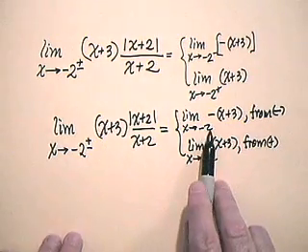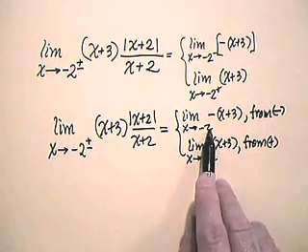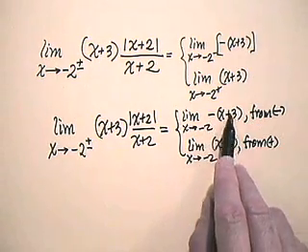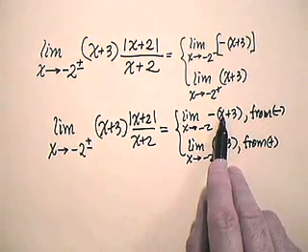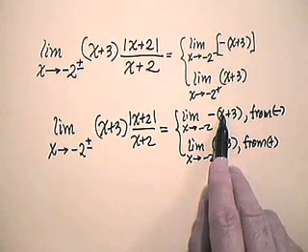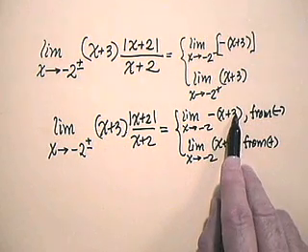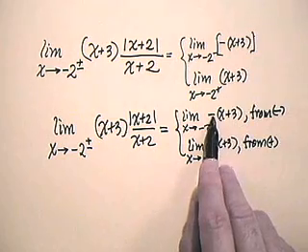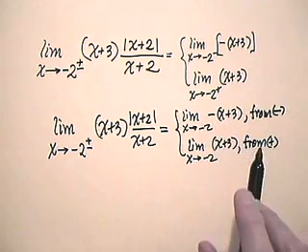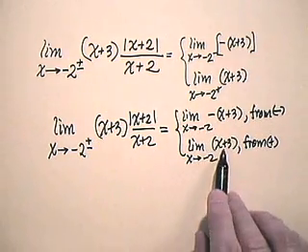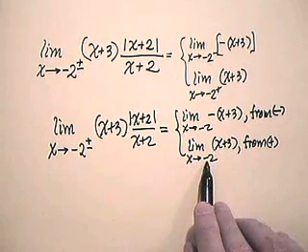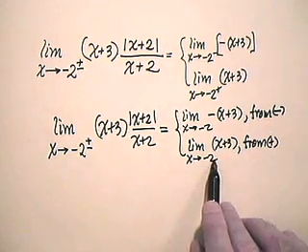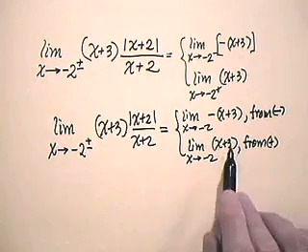Of course, coming in to negative 2 here of negative the quantity x plus 3, we just replace the x by negative 2, and we get negative 2 plus 3 is 1 inside the parenthesis with a minus sign out front, becomes negative 1, whereas down here, as x approaches negative 2 we're going to get negative 2 plus 3 is plus 1.